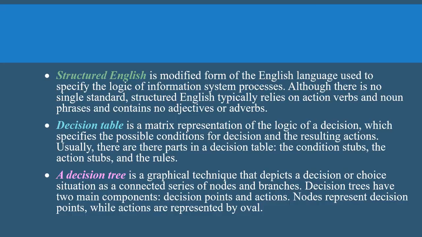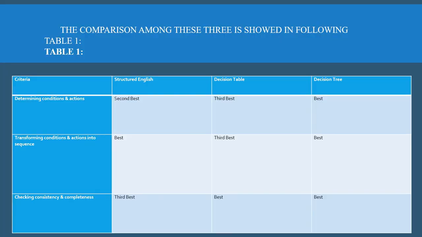Alright, now let us see the comparison among the three, that is among structured English, decision table, and decision tree. The first criteria is determining conditions and actions. The best one is decision tree, which is then followed by structured English, the second best, and the third best is decision table.